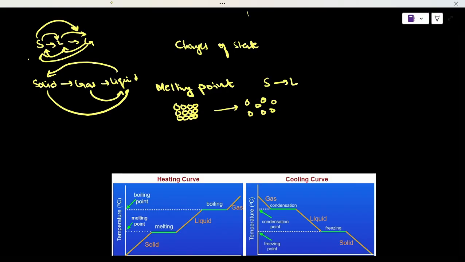When you're talking about melting points, we might have an ice, an ice solid, which is of course water in a solid form, and we are taking it into a liquid form, or liquid water, right? Do not judge my drawing, but yeah, that sort of form. And we need to understand what the energy changes are in this particular process.